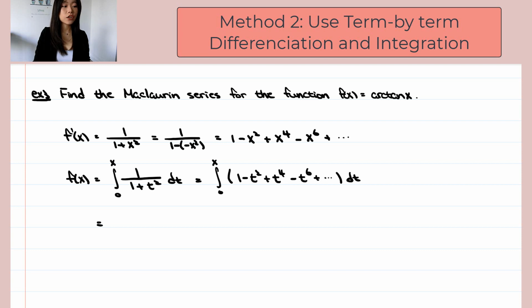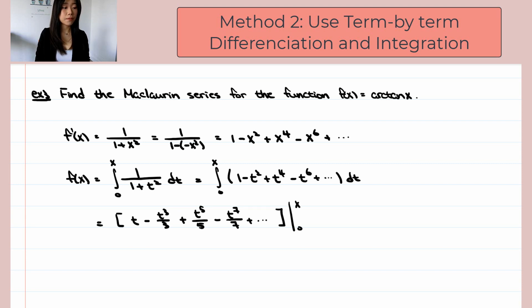The integral of 1 is t, so I have t minus the integral of t squared, that is t to the power of 3 divided by 3, then plus t to the power of 5 divided by 5, then minus t to the power of 7 divided by 7, and so on. And I'm integrating from 0 to x.